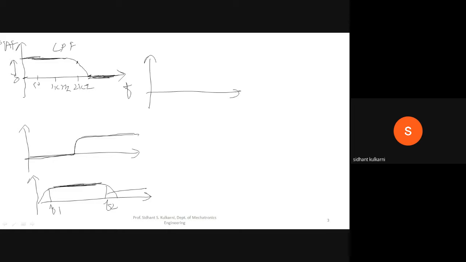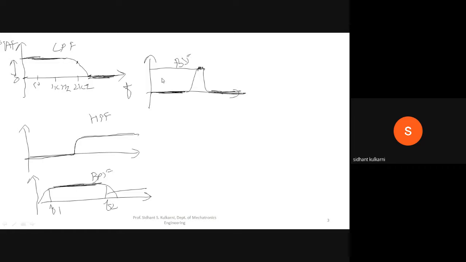It is 0 in a particular band, and then it is 1 outside that band. So this is the band pass filter, this is the high pass filter, and this is the band stop filter. It will only stop this band and allow other frequencies to be amplified to provide a particular gain. That's it.